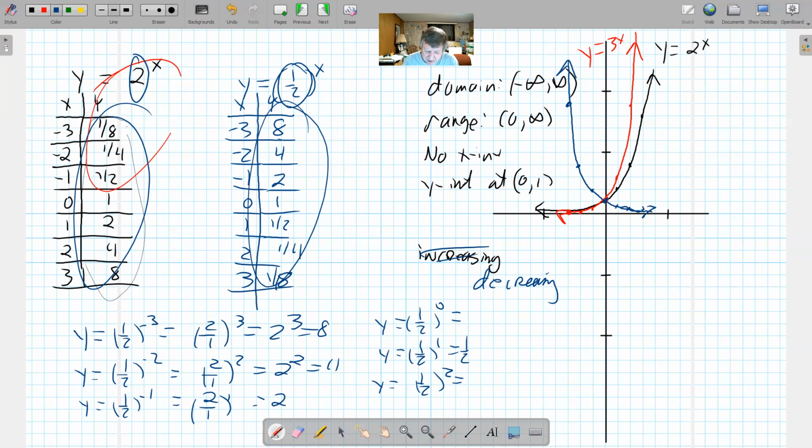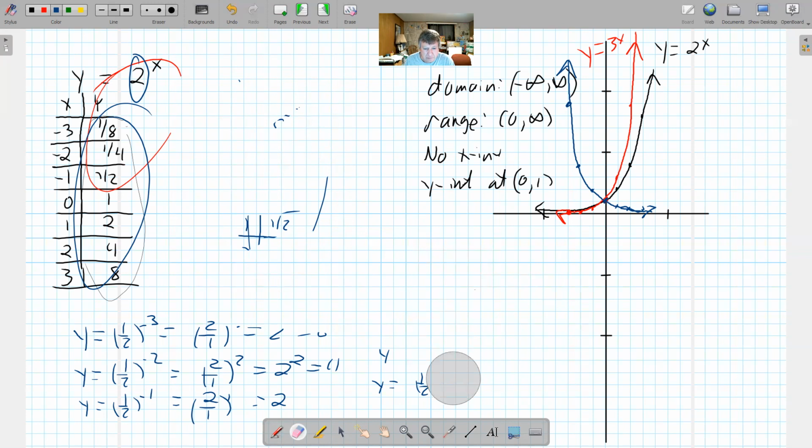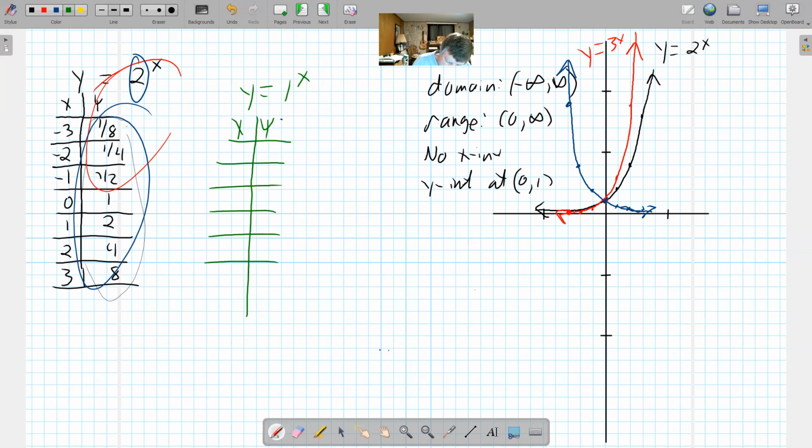Now, what if the base is 1? What does that look like? Okay, well, let's see here. The base is 1. Let's make this one green. y equals 1 to the x power. -3, -2, -1, 0, 1, 2, 3.